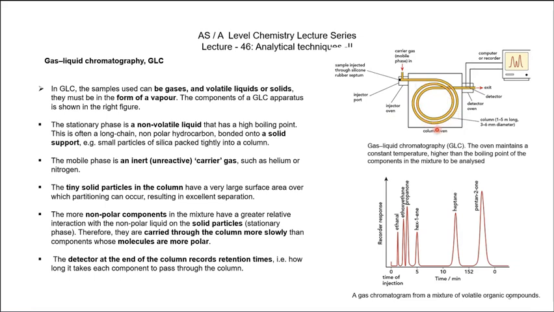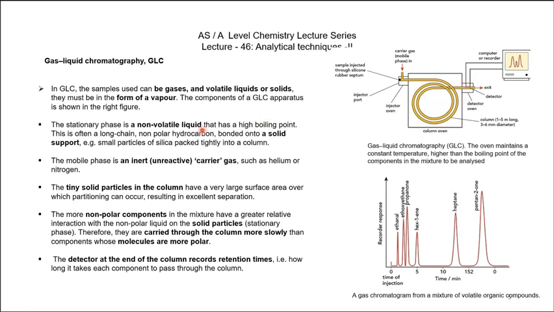This is the column oven because it's a gas. The column is usually 1 to 5 meters long and 3 to 6 millimeters in diameter. And then we have the exit, and we record on the computer and detector. And this is the detector oven.